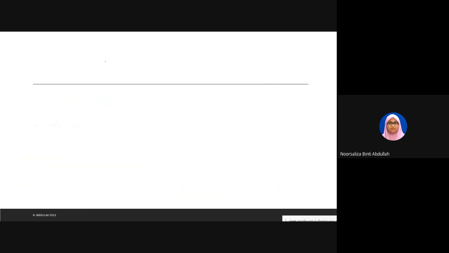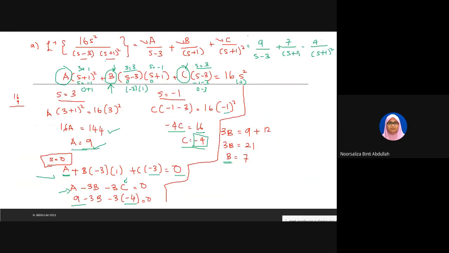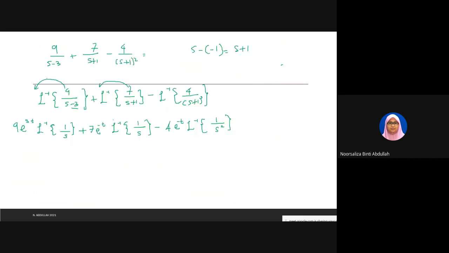So this one will be 9 exponent 3t, this one 1, plus 7 exponent minus t, this one also 1, minus 4 exponent minus t, and this one 1 over S square.